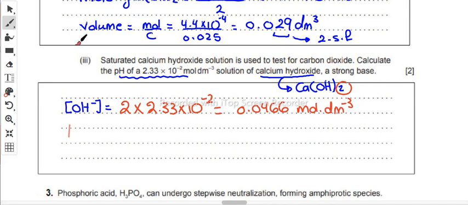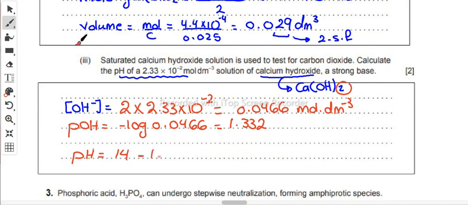Now I will continue with my pOH value, which is minus log of 0.0466, and it is 1.332. Finally, I'm going to calculate the pH, which is 14 minus 1.332, and my final answer is 12.668.